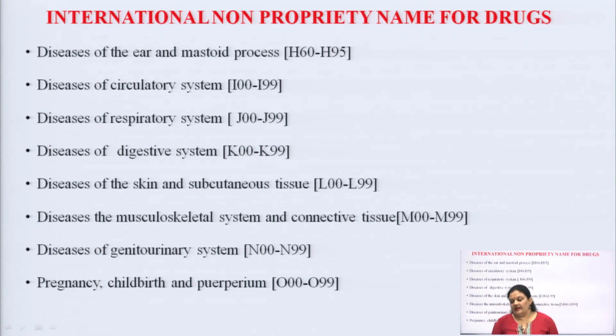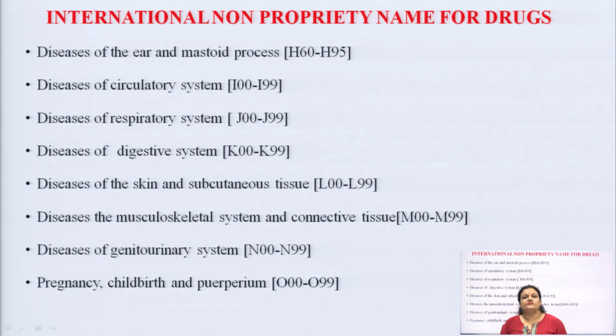Then the agents which are liable to cause harm, or basically these agents are contraindicated in the pregnant lady or the lady who is going to give childbirth, and also for the puerperium.